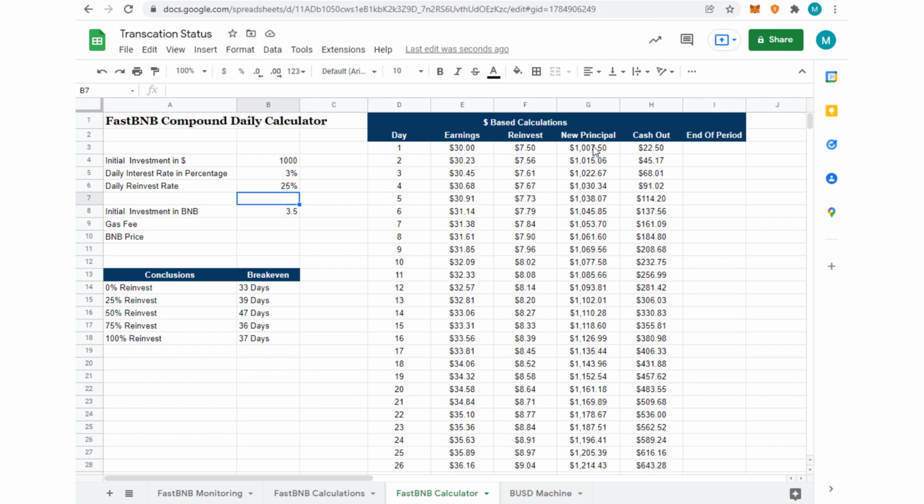So the 3% of the new calculation would be based on this new amount, not the $1,000. So now for the next day, I said next day also I do 25%. So next day my interest would be $30.23, and I reinvest. My 3% for this amount would be $7.56, and I reinvest that money into this, and I cash out a total of $45. So I hope this is clear. If it is not, let me know.